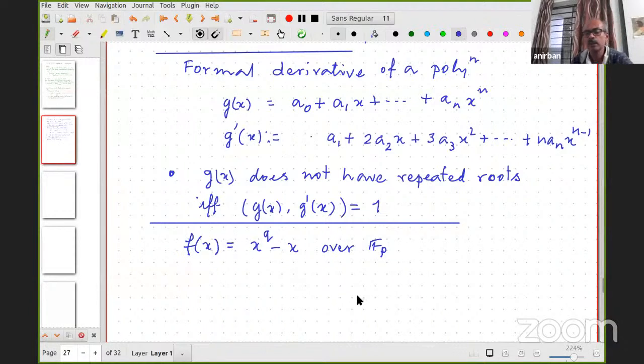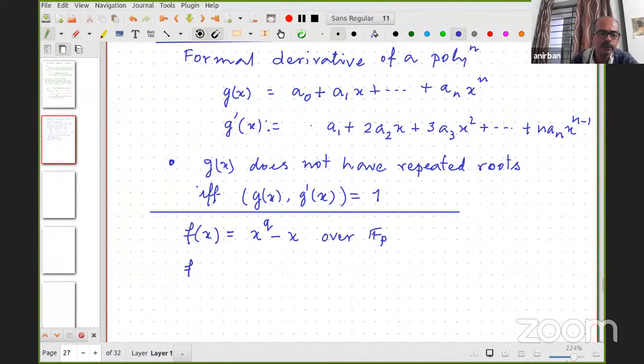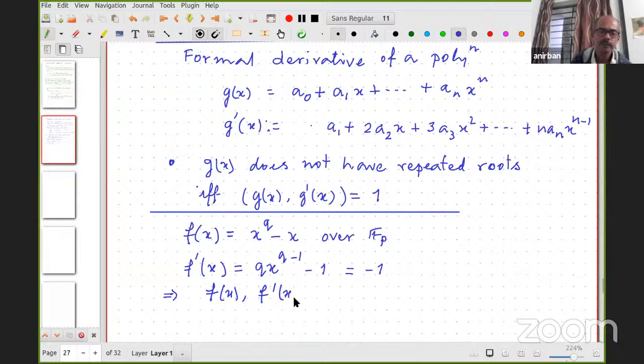So we have this polynomial, and what is the derivative? f prime of x is rather simple. This is q x to the q minus 1, minus 1. And that's just minus 1, because q is 0 in F_p, since q is just a power of p. So therefore f(x) and f prime of x have nothing in common.